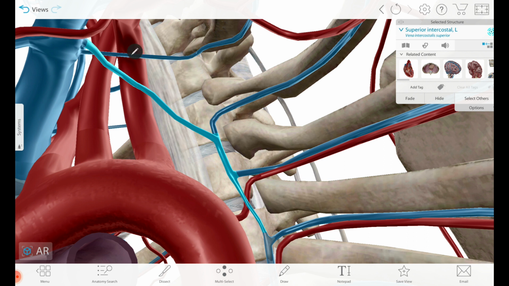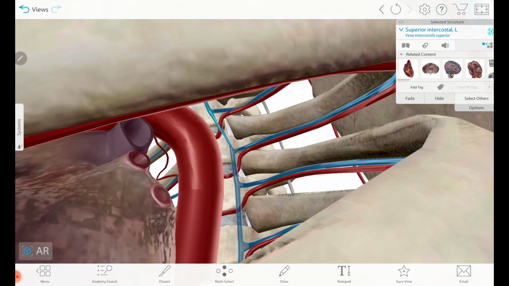So the first was directly draining into the left brachiocephalic vein. The second, third and fourth intercostal veins combine to form the superior intercostal vein, which is draining into the left brachiocephalic vein.